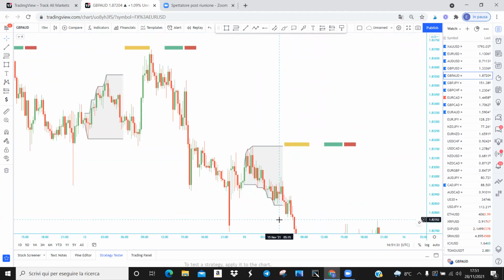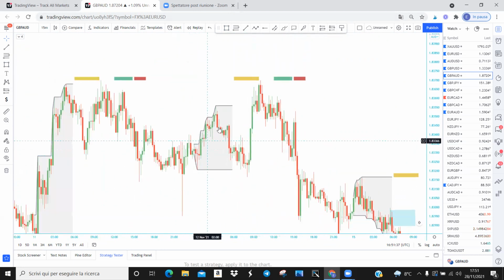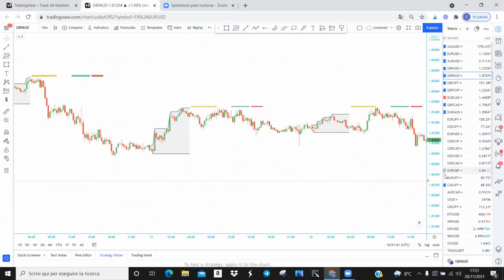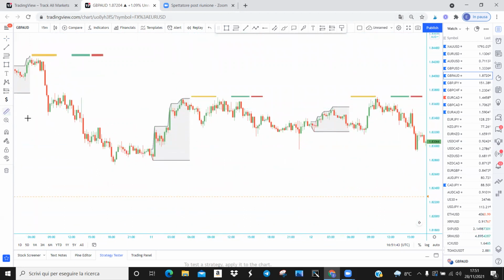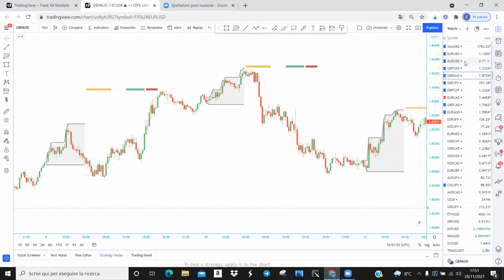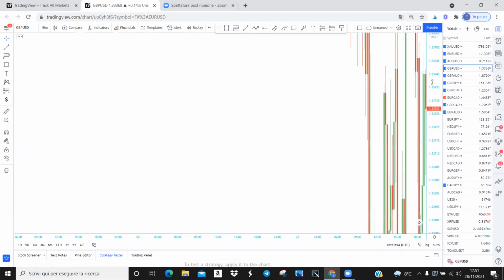This needs to be used with the direction of the market, with supply and demand zones, with liquidity, and so on and so on, okay? Here, acceptable, for example. Here, no, too big, okay? Too big, 80 pips, huge.